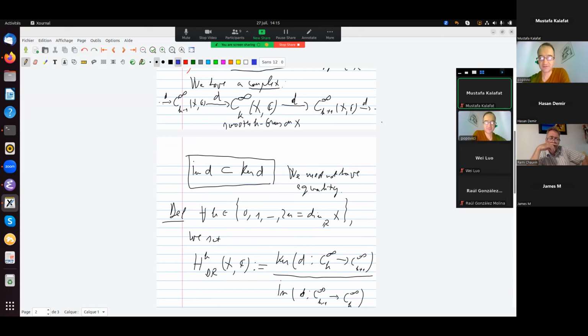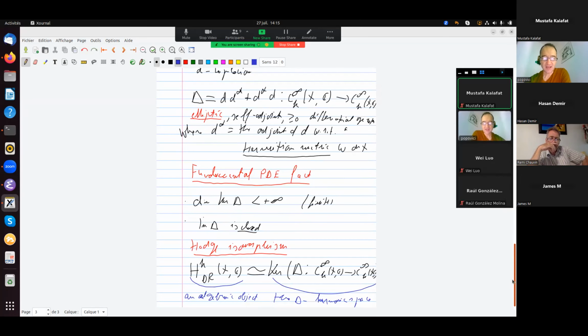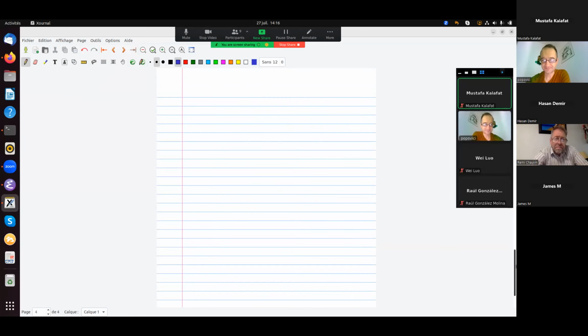You take a complex and define its cohomology, whereas the harmonic space is an analytic object. So the Hodge isomorphism is an isomorphism between an algebraic object and an analytic object, and the idea is to do analysis by studying this elliptic operator, and then to recover information that has an algebraic and also a geometric meaning. So this is the beginning of Hodge theory.